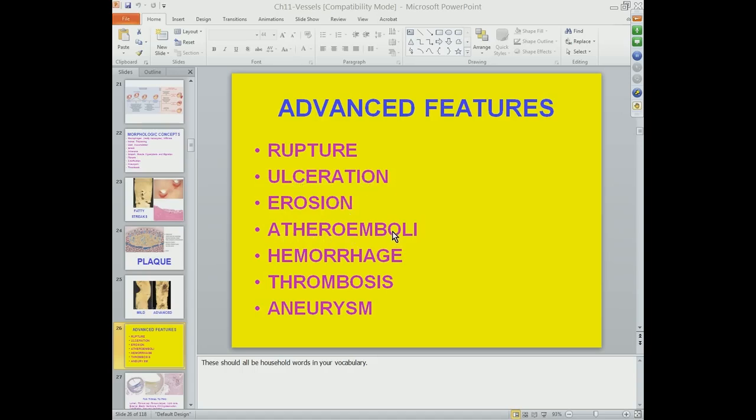You can get atheroemboli. In other words, not only are you now forming blood clots on that large artery or aorta or branch of the aorta, but these little fragments of plaque can embolize. And I want to tell you something right now. We're going to see it several times in this course. An atheroemboli can be differentiated from a venous emboli if there's calcium in it.